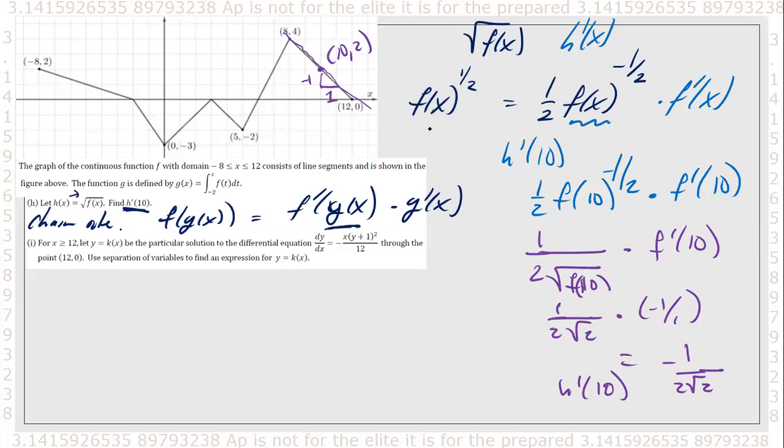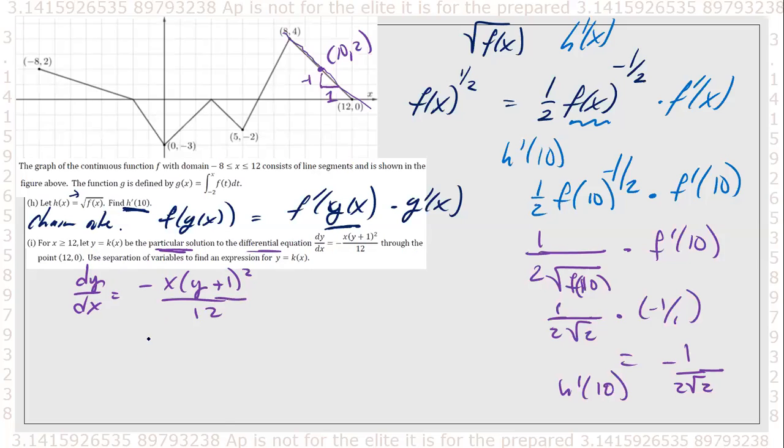Okay. All right, the next one says to find a particular solution given this differential equation, and it appears I'm going to lose a little bit of room, but let's give it a try. If not, I'll just see what I can do. So I got dy dx is equal to negative x times (y plus 1) squared over 12.